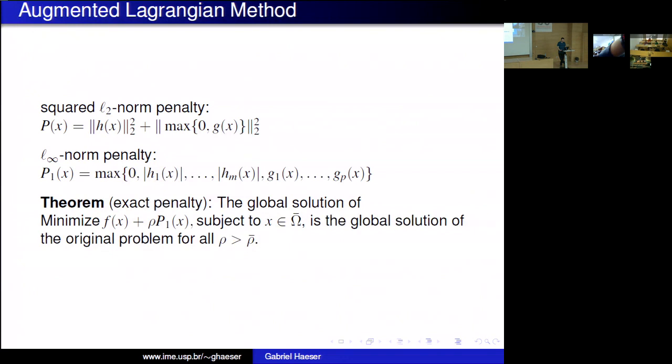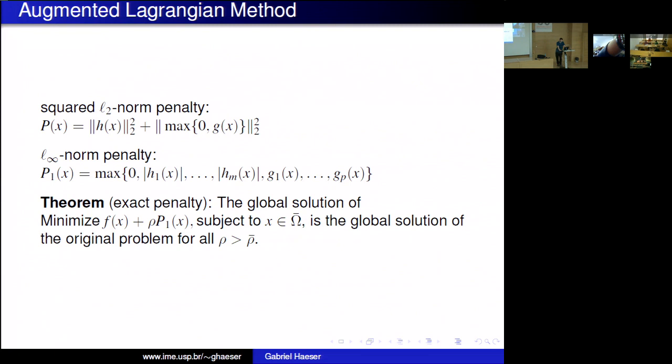The difficulty here is that this function is non-differentiable. There's a maximum and an absolute value, so there are some points where you can't differentiate this function. And it's particularly difficult because these are exactly the feasible points of the problem. So if you want to deal with this kind of subproblem, you should be able to solve an unconstrained problem with a non-differentiable objective function.